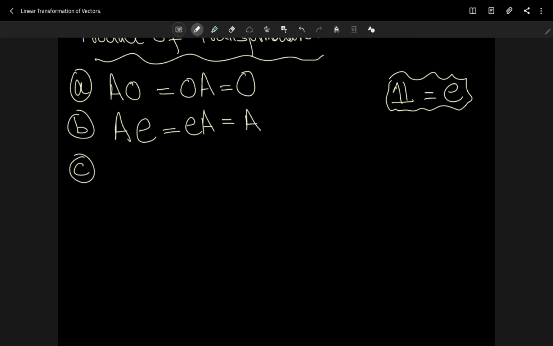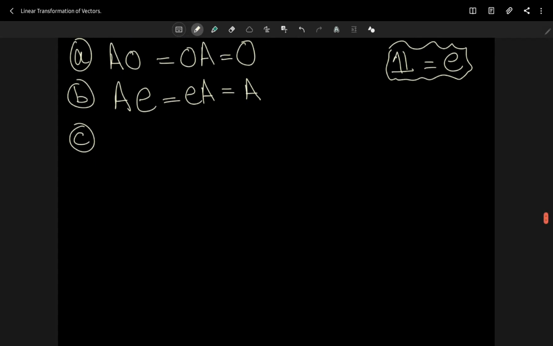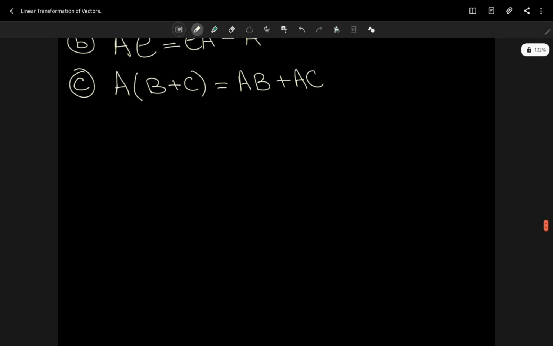Now the third property we could list is A times (B plus C) is the same as A times B plus A times C. And moving forward, we could have two more actually. So let me write one of those two.